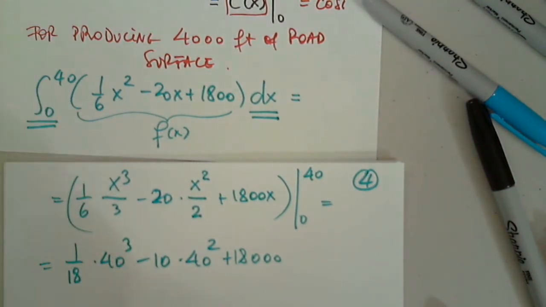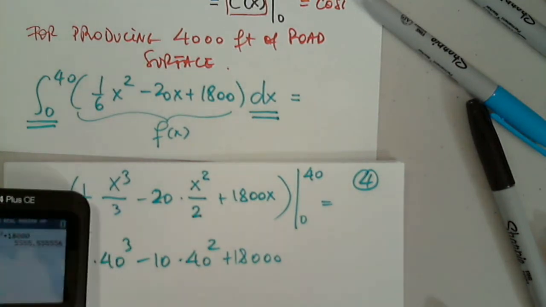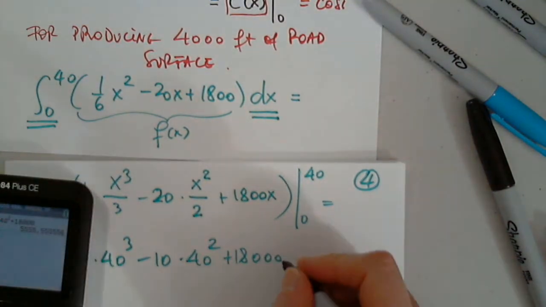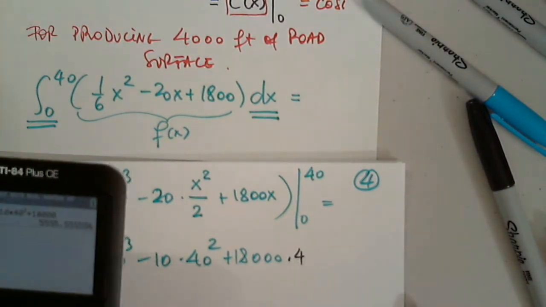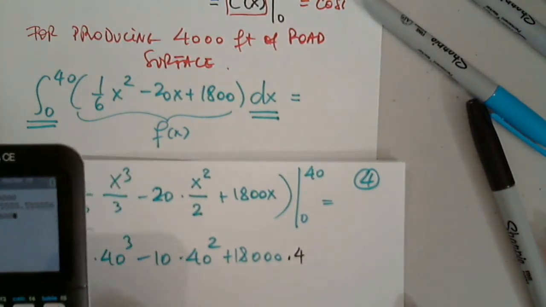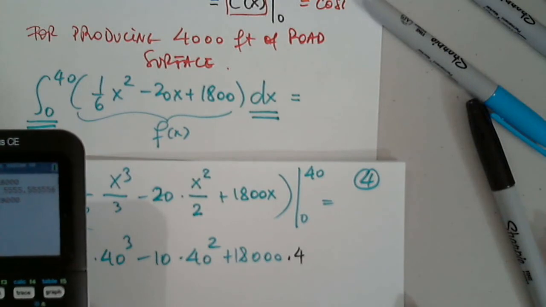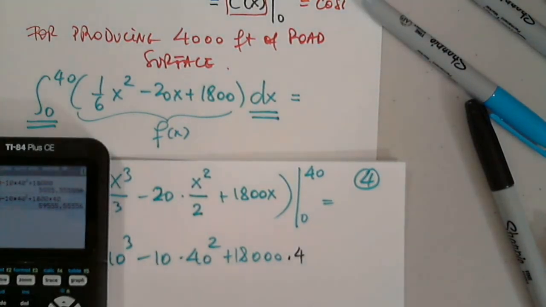Wouldn't it be plus 1,800 times 40? Times 40, of course, yeah. Times 40, absolutely. So 1,800 times 40. Thank you very much. Okay, so I got 59555.55, and that's the cost.